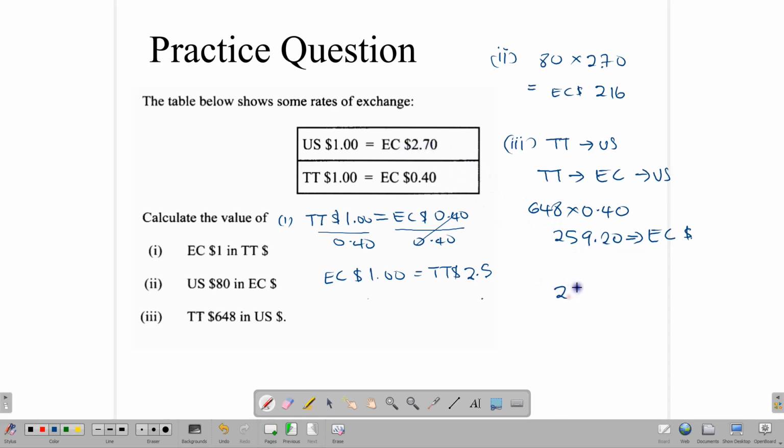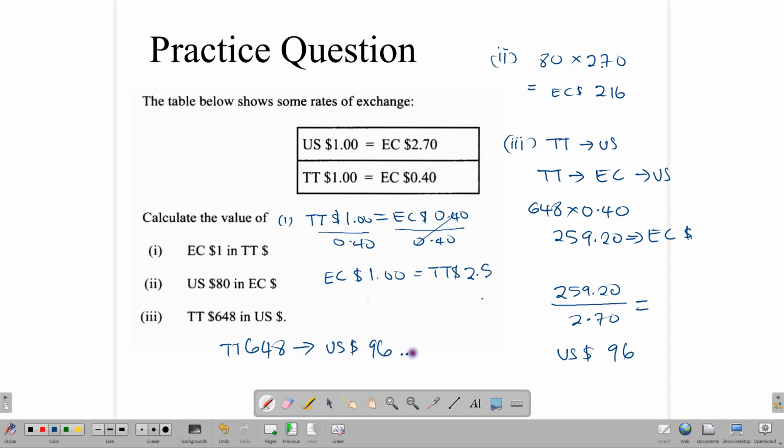So we start with our $259.20, and we divide it by $2.70. And once you divide that out, it tells you that the amount of US dollars that you will receive is 96. So the question, change $648 in TT dollars to US dollars, is actually $648 in TT gives us US dollar 96.